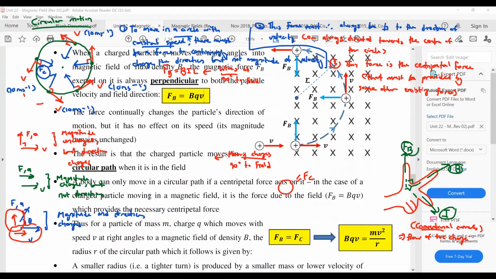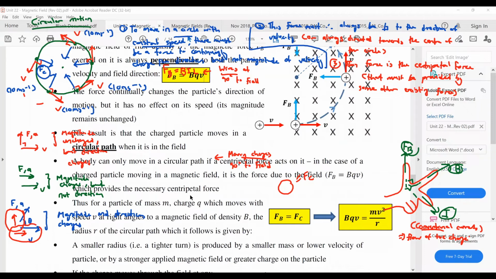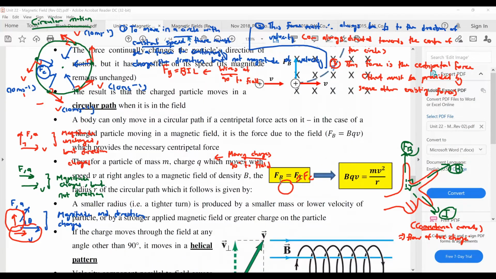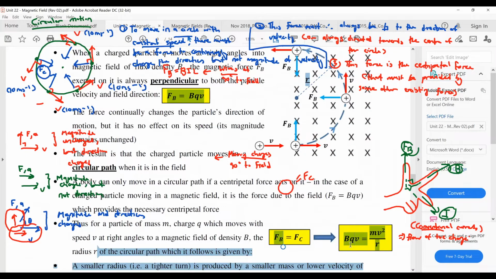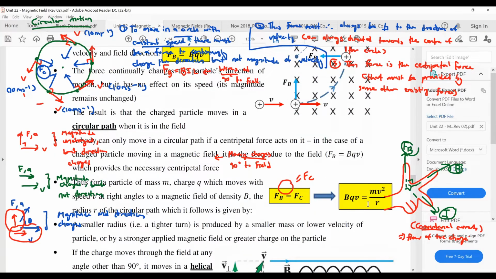So in this case, FB equals FC. Magnetic force acting on the charge moving perpendicular to the field will be BQV. Centripetal force will be mv squared over r.